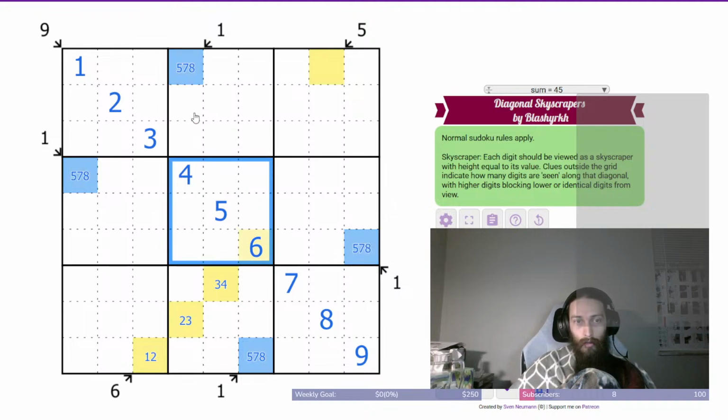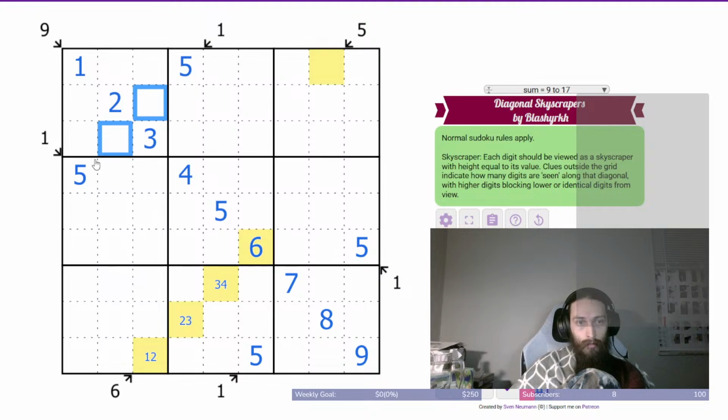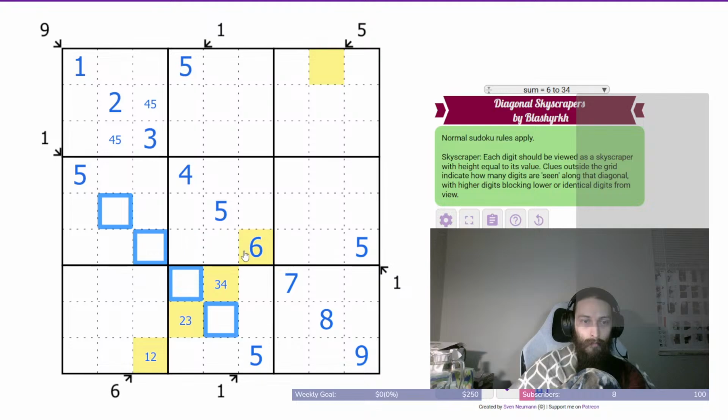And where does that place it in the middle box? It's not the top row, not the bottom row, it's not the left column or the right column. So there are 5. And this must be 4, 5. And these are 1, 2, 3, 4.